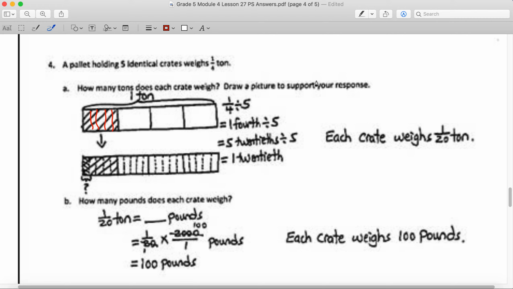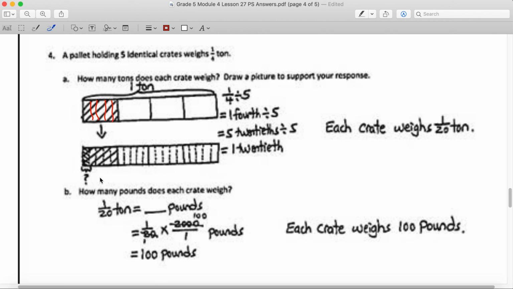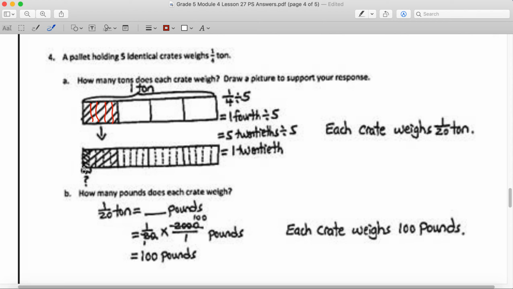I think I would have done it differently. I think I would have drawn 5 crates and said that that represents 1/4 of a ton, and then I would have divided each one. So it is the same thing. It's like Dr. Milo would have started with this picture, but I would have drawn out 5 of them. So let's go with this though. If I divide each one of these by 5, this is 1/4.